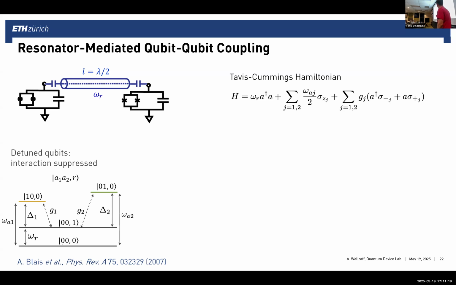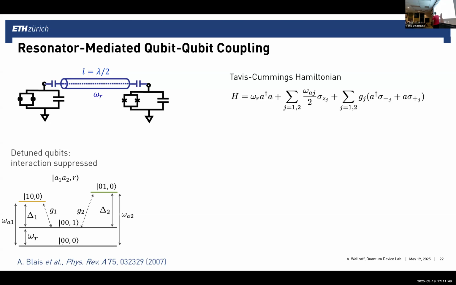So here's an energy level diagram, which is from this oldish paper that you see cited there. And in this particular energy level diagram, the 2 lowest states are the ones associated with no photon in the resonator and 1 photon in the resonator. And here the situation is considered that both qubits have transition frequencies that are higher than this coupling resonator.